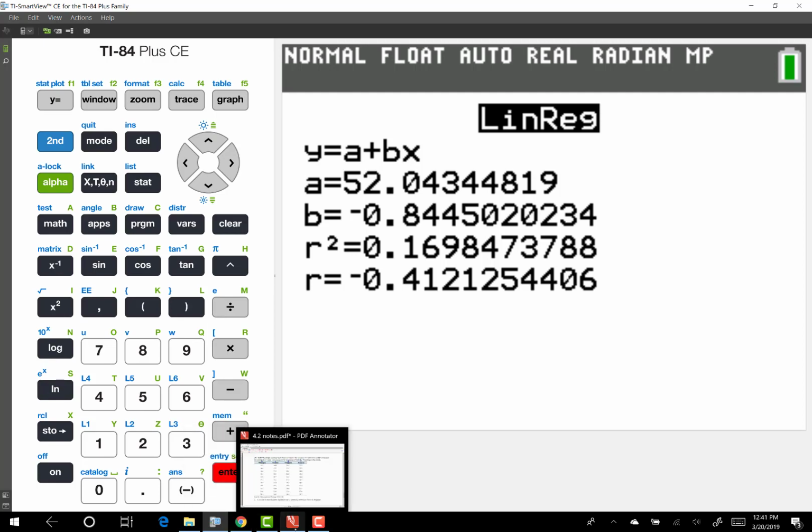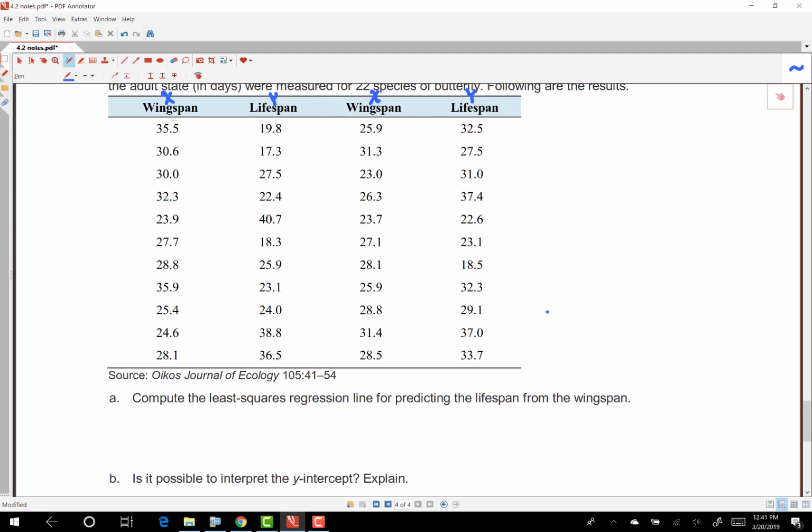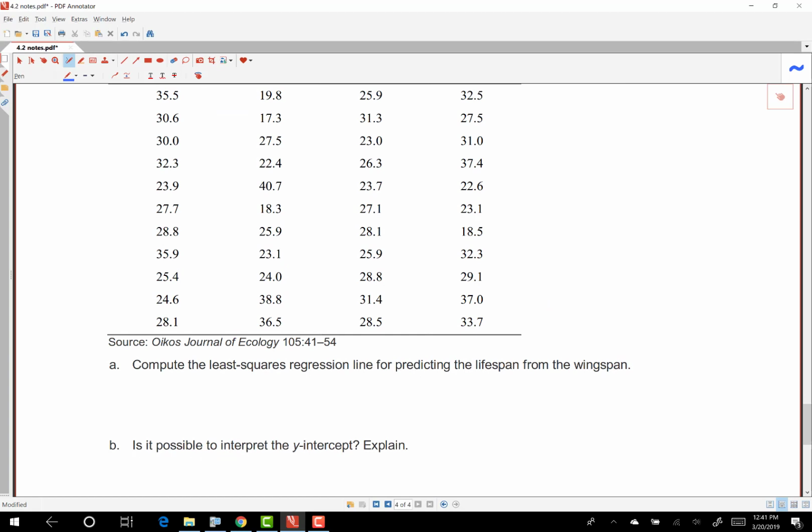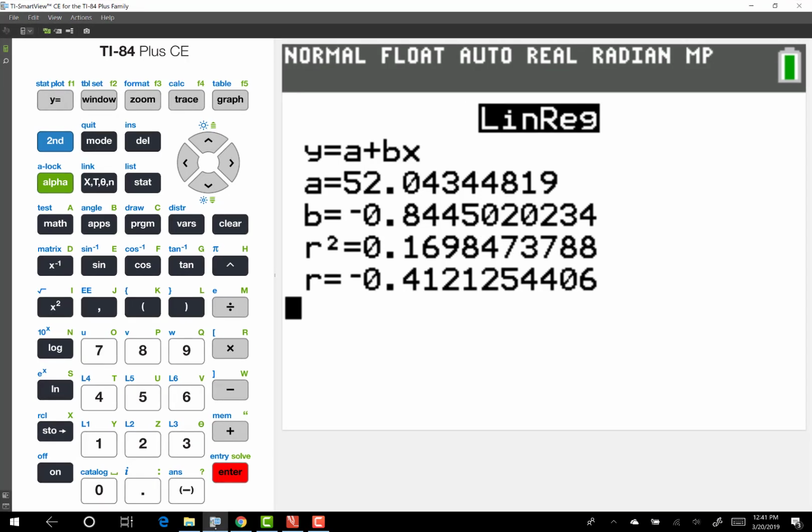So if we go back to the questions, they asked us to compute the least squares regression line for predicting the lifespan from the wingspan. That's our y hat. And so that's going to go from A and B. So A turned out to be 52.043.